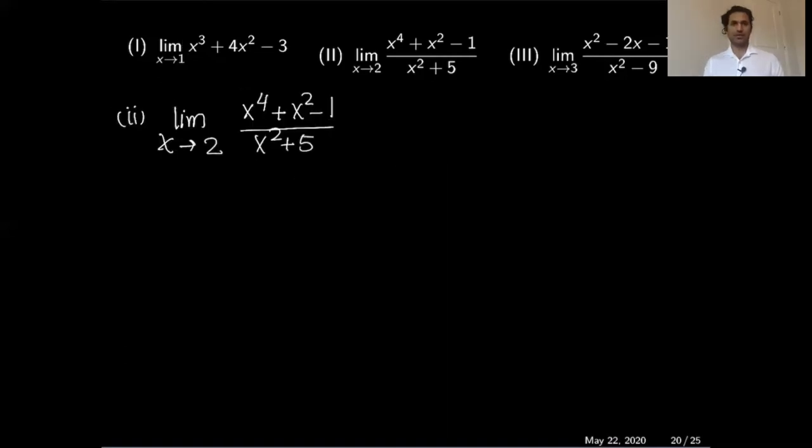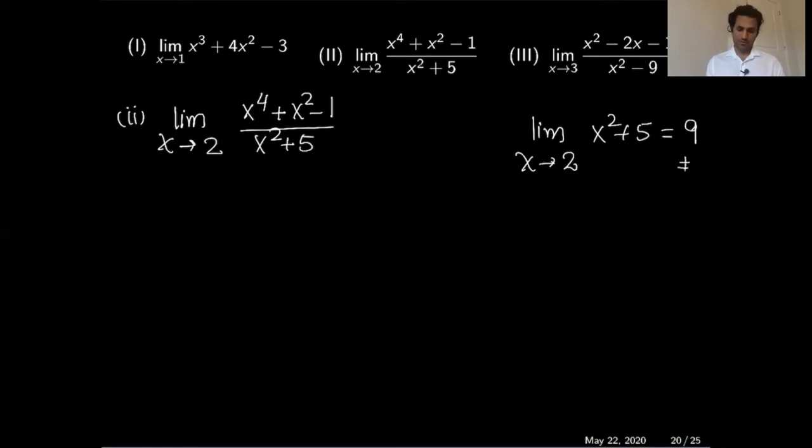Now let's work on the second problem, where we have the limit as x approaches 2 of x to the power 4 plus x squared minus 1, divided by x squared plus 5. Before we use the quotient law, we should check that the limit of the denominator is non-zero. As x approaches 2, the limit of x squared plus 5 is 9, so it is a non-zero number.